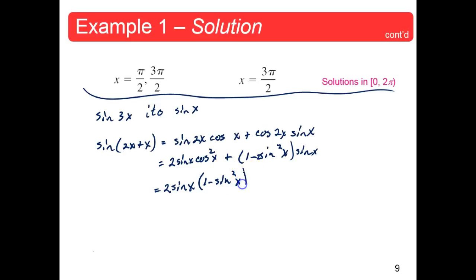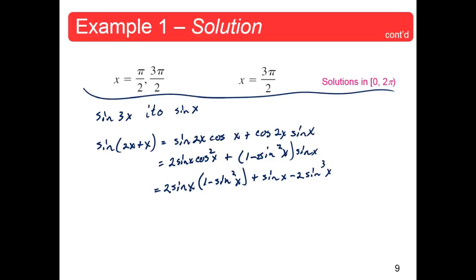Right? Plus, and let's multiply through, that would be a sine x minus 2 sine cubed x, right? Because 1 times sine x is sine x, minus 2 sine squared x times sine x will be a minus 2 sine cubed x, right?